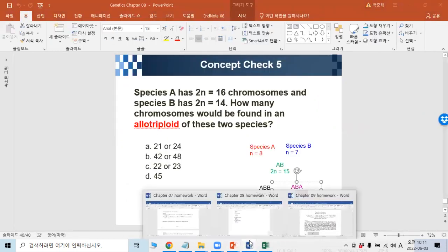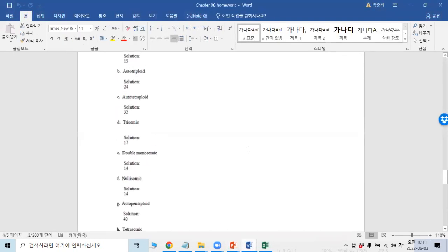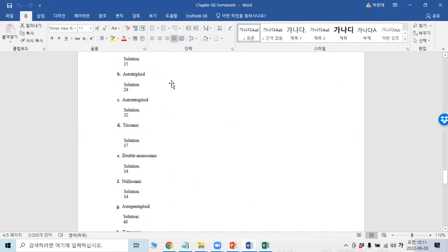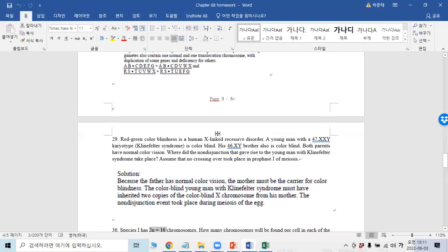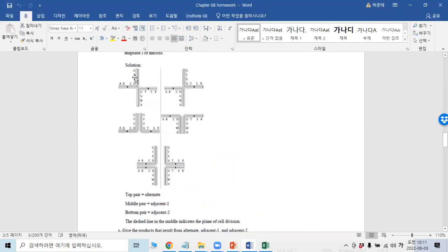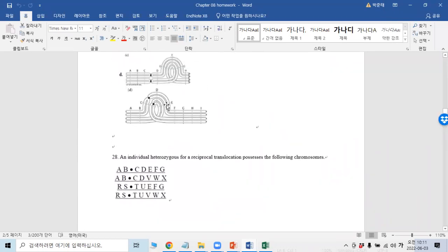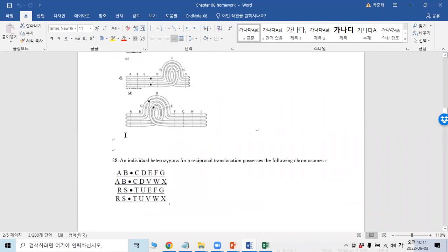Chapter 8 is a little bit simple, but you have to know this. You have to draw this kind of picture when translocation happens. When pericentric inversion happens, their structure is like this.